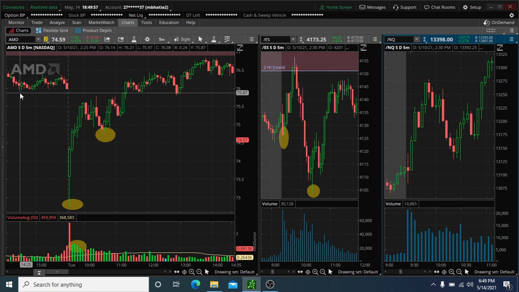So I'm a contextual trader, meaning I take into account everything: where price imbalances are, where key levels are, momentum, volume, ES and NQ, VIX themselves, some impulse consolidation. Each one of these things tells me a clue, and then I put the entire story together and I execute the trades.